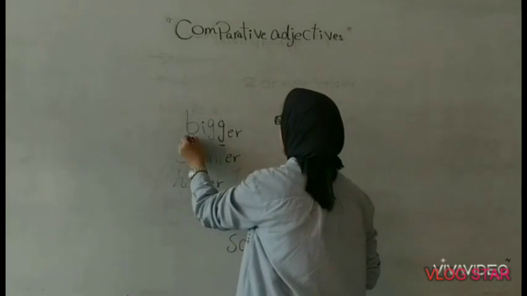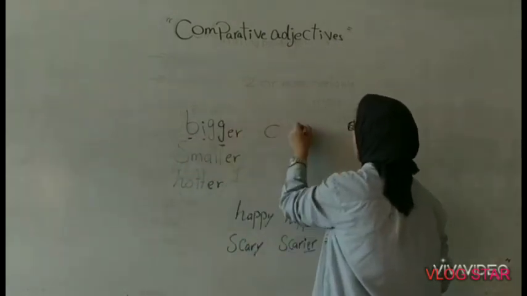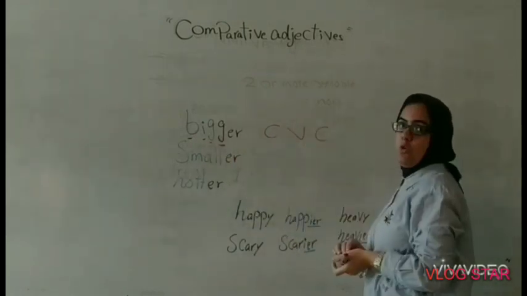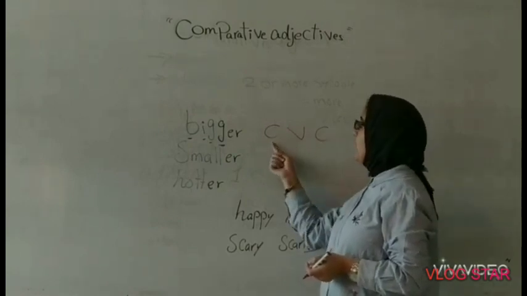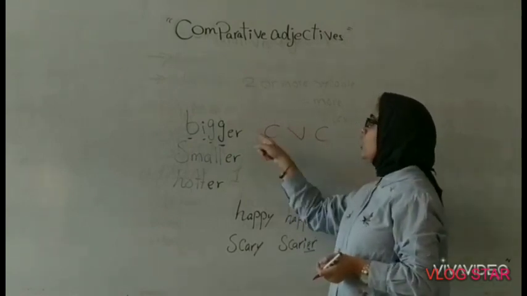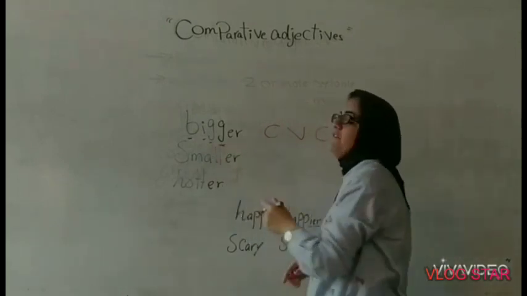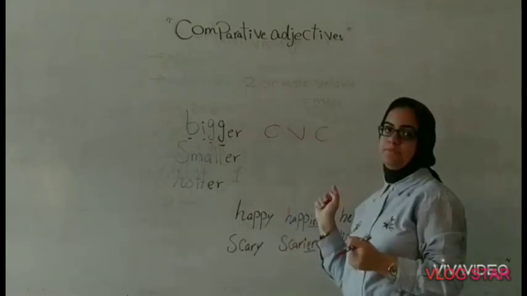We have B, which is a consonant, I, a vowel, G, a consonant. So if the last three letters are consonant, vowel, consonant, we double the last consonant. So that's why we have another G.